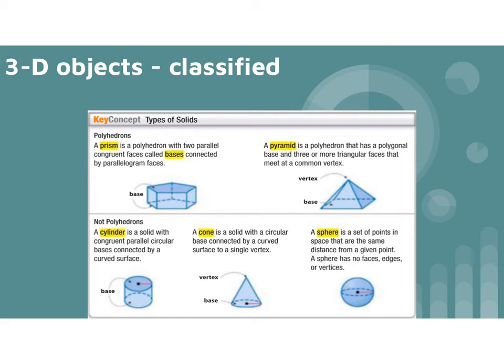A cone is a solid with a circular base connected by a curved surface to a single vertex, so that's why it's not a pyramid, because it has this curved base. And a sphere is a set of points that are the same distance from a given point, the center of the sphere. A sphere also has no faces, no edges, or vertices.